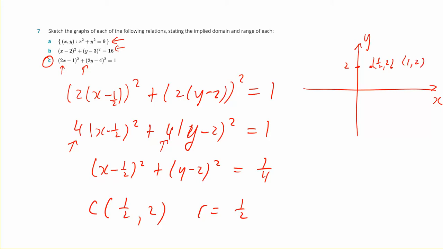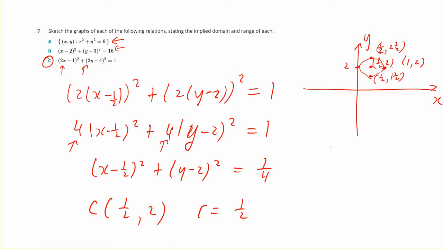If I go half up, there'll be (a half, 2.5). If I go half down, then there'll be (a half, 1.5). So I draw the circle.